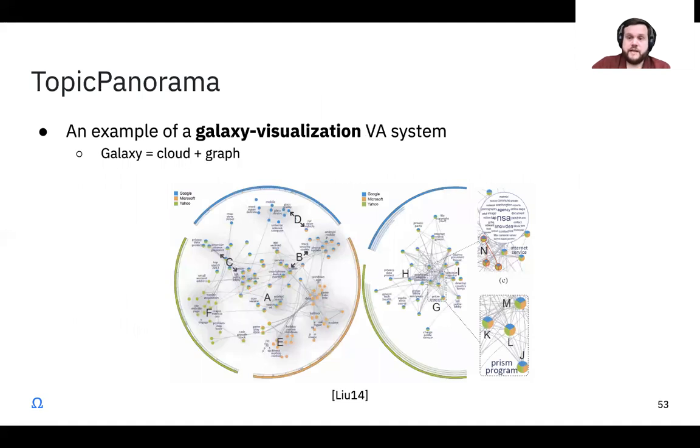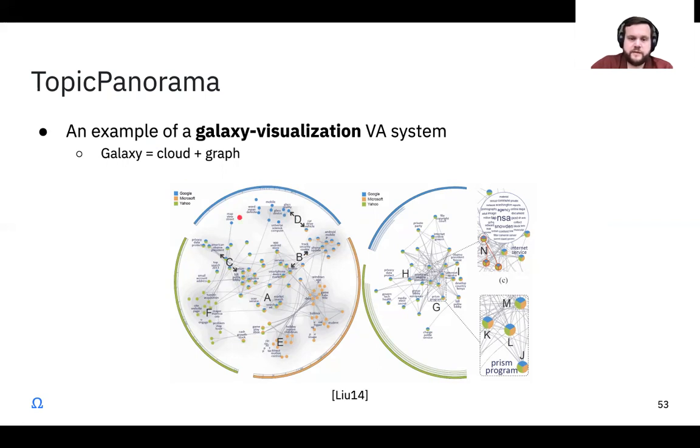And we have talked about clouds and galaxies. So what does the galaxy visualization mean? Galaxy basically means that we combine the word cloud with a graph. So that's kind of offsetting the disadvantage of the cloud visualization. And an example system that we're going to be discussing here is called Topic Panorama. I think I have showed it a couple of times before. So what's this about?